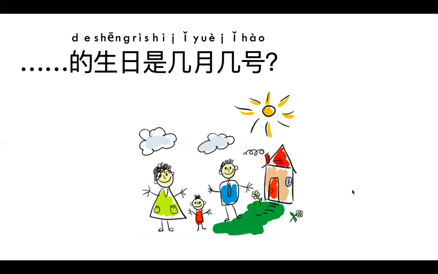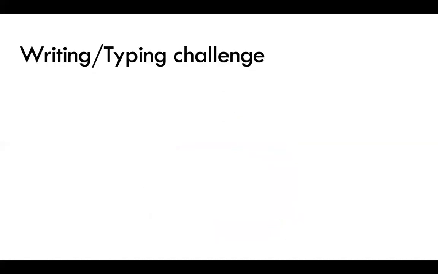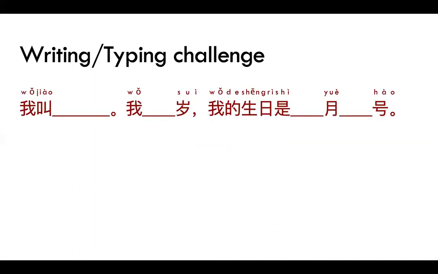Okay, and for this review session, I think you can take up this challenge with writing or typing. Well, personally, I would think typing is more convenient and it lets you write out more sentences and words, and that's so great because with what you have learned so far, you're totally up to writing a short passage about you and your family. For example, these are the sentences you can totally produce now. 我叫什么? 我几岁? 我的生日是几月几号?